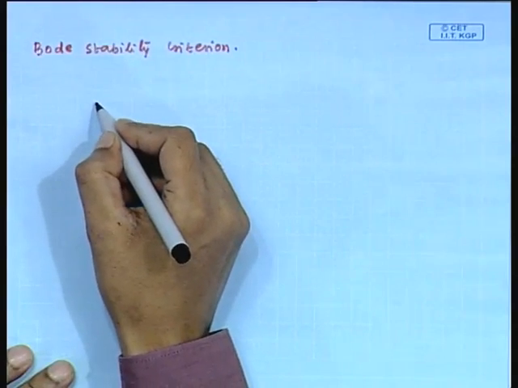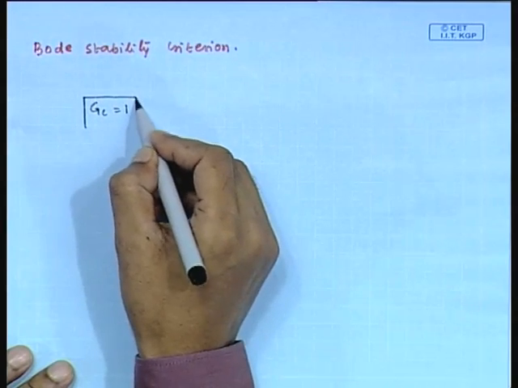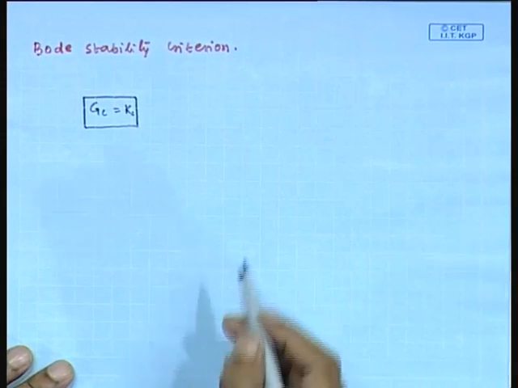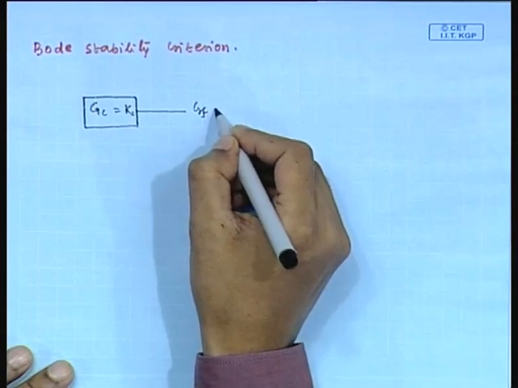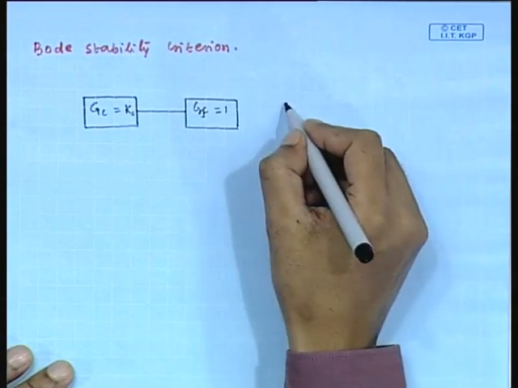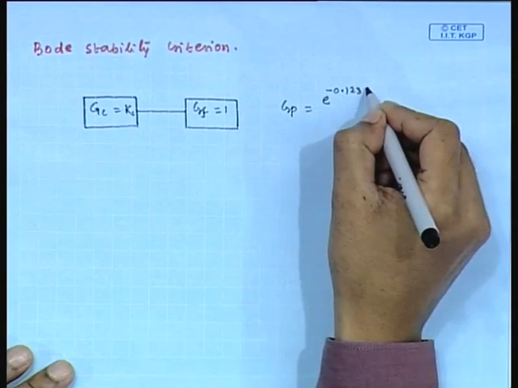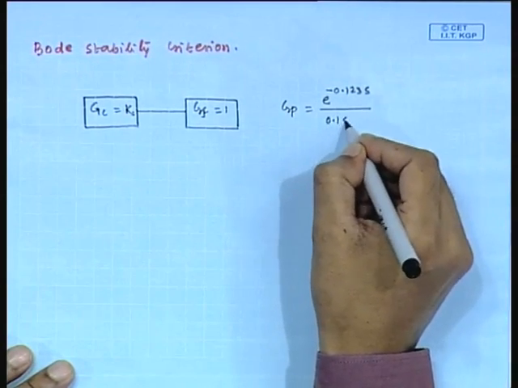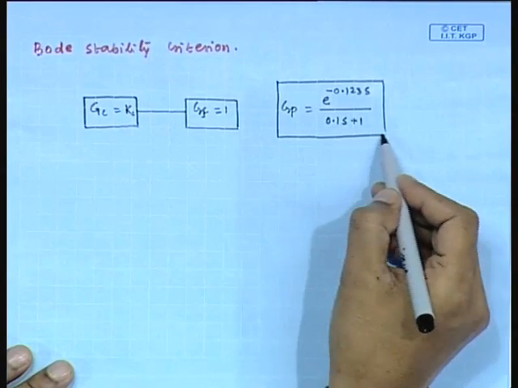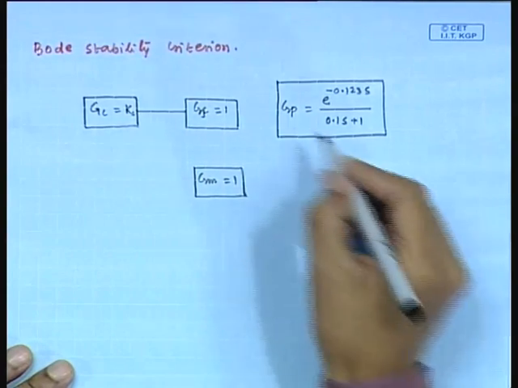So we will consider a closed loop system, and presently we are making that closed loop block diagram having a P only controller, then considering GF equals 1, and GP equals exponential of minus 0.123 s divided by 0.1 s plus 1, and considering Gm equals 1.